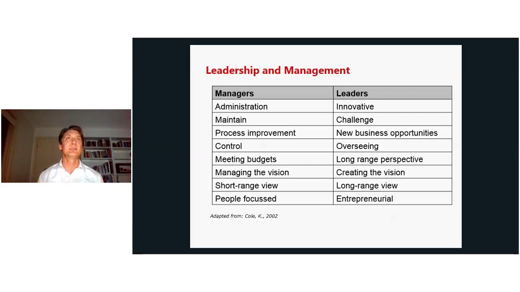We say leaders and managers, we quite often mean one or the other. We rarely mean the same, but we do use these terms interchangeably, and I think that's problematic. So I think knowing the distinction, and Chris Cole, whose work this is, really does summarise this quite nicely. And it does allow us to go, okay, I'm going to really focus on getting that management stuff right so that I can then turn my attention to the leadership stuff.